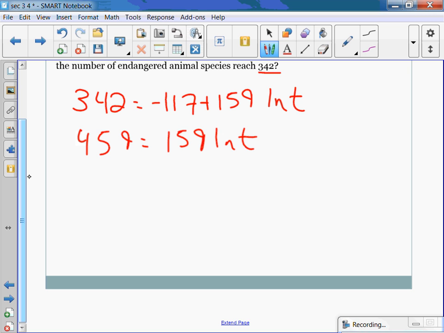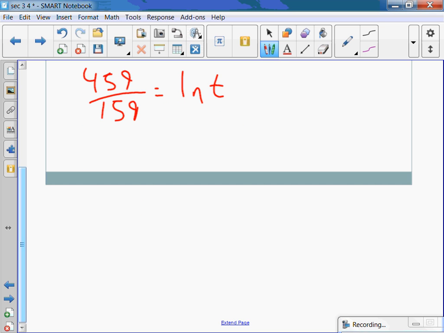Absolutely. Write it in exponential form. Again, my natural log is log base e, so that's just e to the 459 divided by 159, or t is equal to.